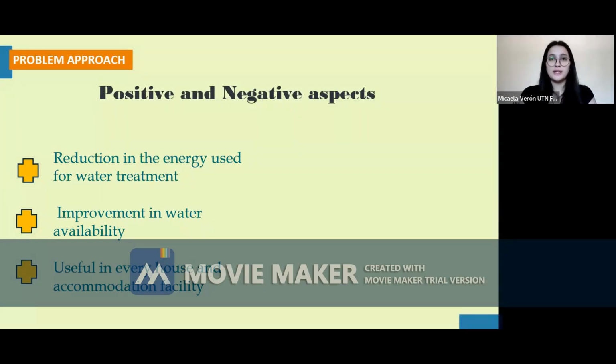Also, they will improve the availability of water, increasing the pressure in the water network. And the main advantage is that these devices can be used by everyone in their homes or hotels or accommodations and buildings, for example.